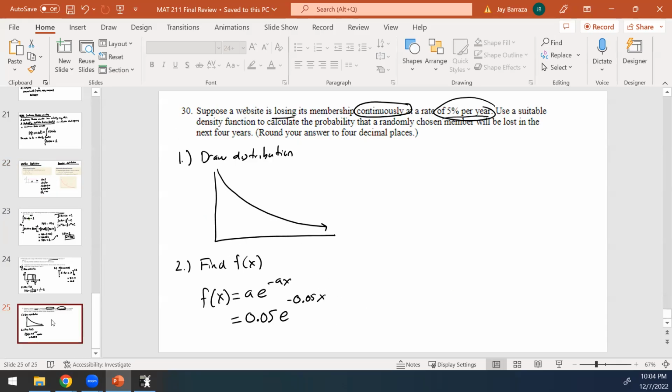It does cross, yes, it does hit the end. And so what I'm doing is going to the 4th year, and finding the area under the curve like that. So then step 3 is to plug in. So the integral from 0 to 4, 0.05 e to the negative 0.05x dx, like that, okay?